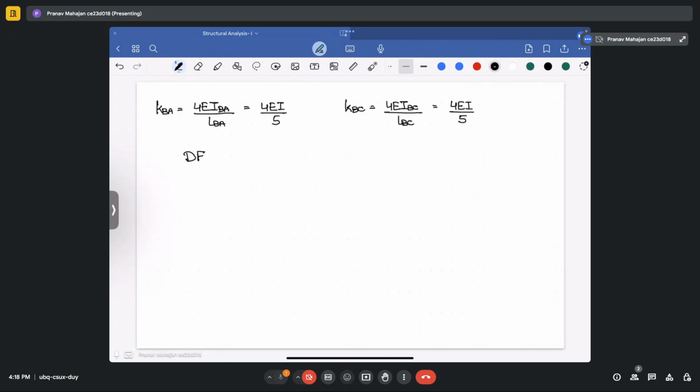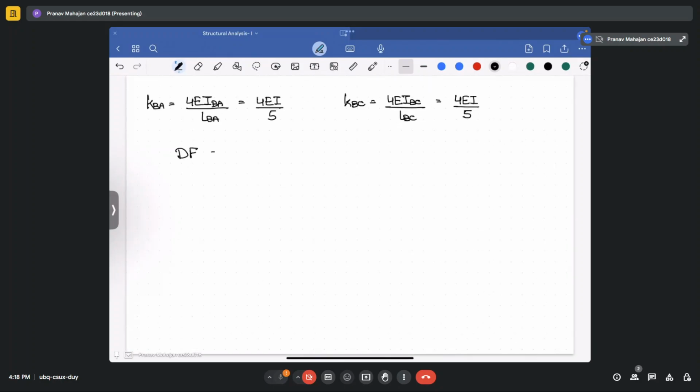So now if you are required to calculate the distribution factor, it will be KBA divided by KBA plus KBC, equal to 4EI upon 5 divided by 4EI upon 5 plus 4EI upon 5, equal to 1 by 2.